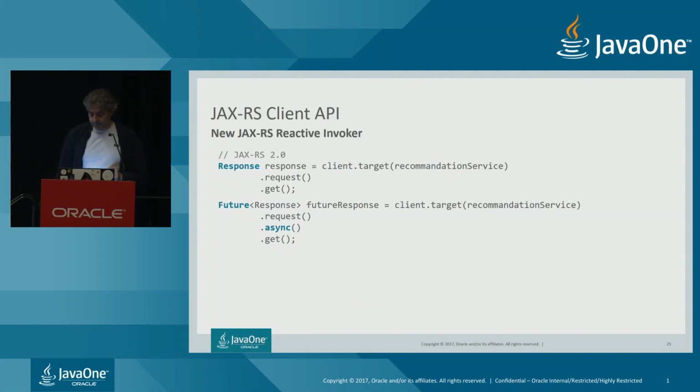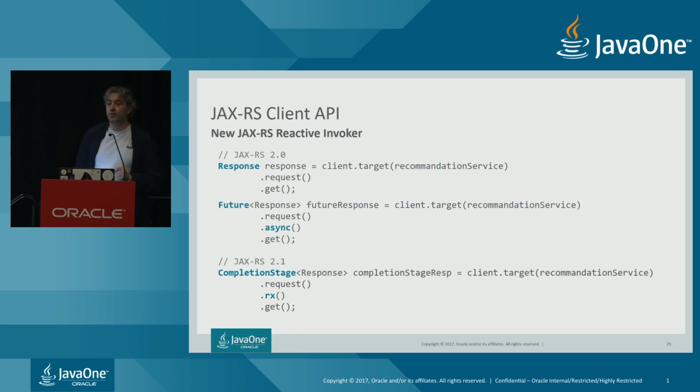So the good news is that, and that's the point of this talk, in JAX-RS 2.1, we have a new reactive invoker. You see at the bottom of the slide, we have this Rx method that is used to tell the JAX-RS client container that we want to use an asynchronous reactive invoker. And if you look at the return type of that invoker, it's not a Future object anymore, it's a CompletionStage of the response type.